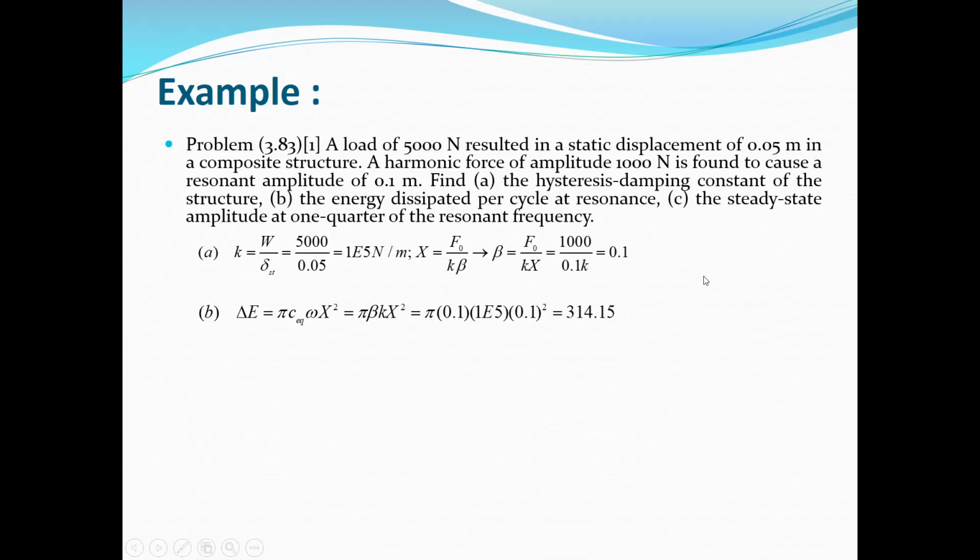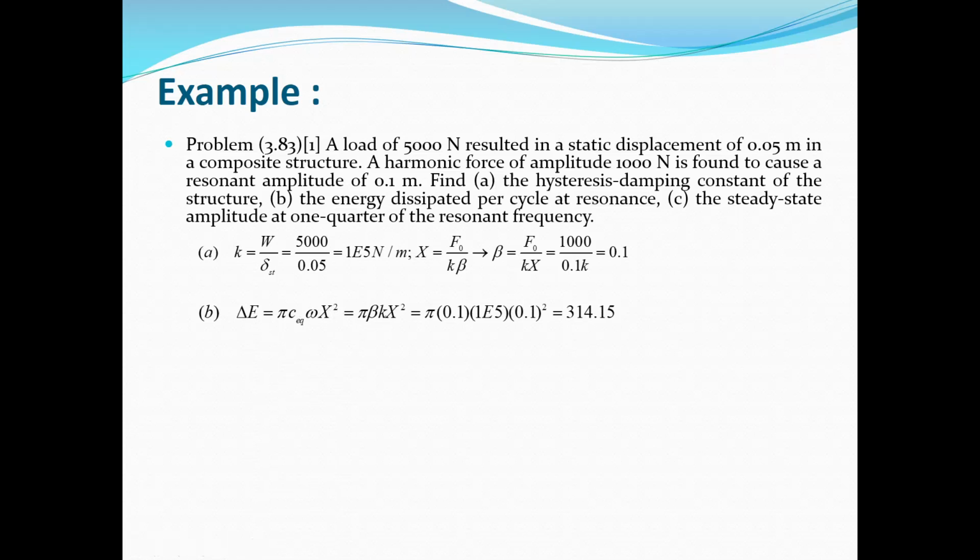In part B, the energy dissipated per cycle at resonance is equal to pi times the equivalent viscous damping constant times omega, where omega is the frequency of the excitation, multiplied by uppercase X squared, where uppercase X is the amplitude of the response.